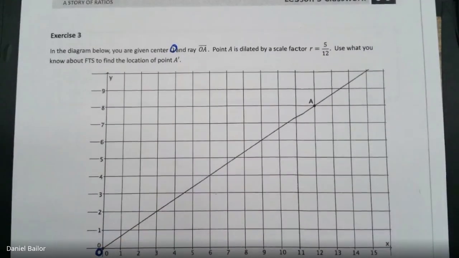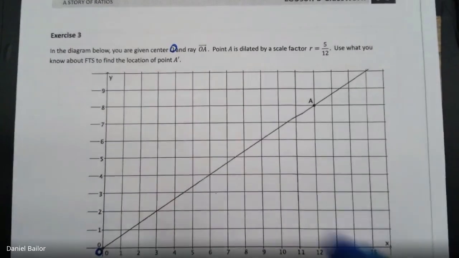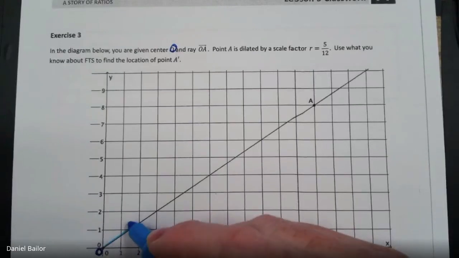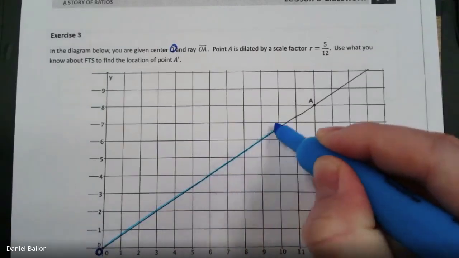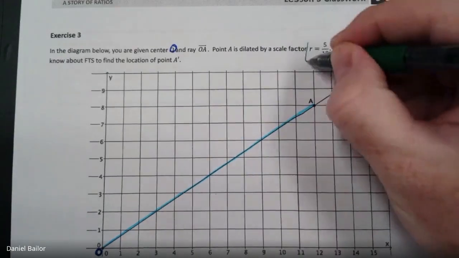You're given ray OA. Ray OA right here. I'm going to make it blue. And the scale factor is R equals 5/12.